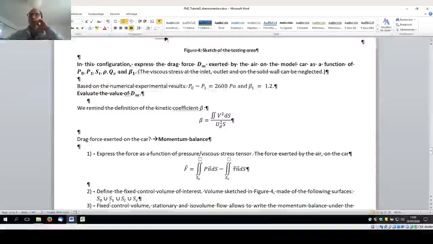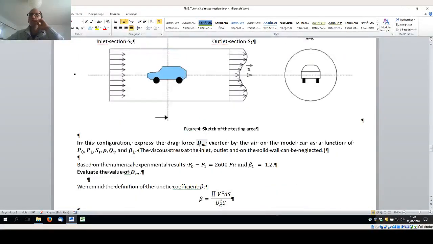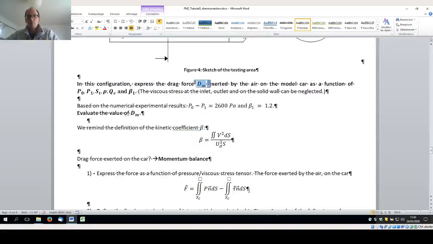And by definition, the drag is equal to the force projected along the horizontal direction, along the direction of the flow.